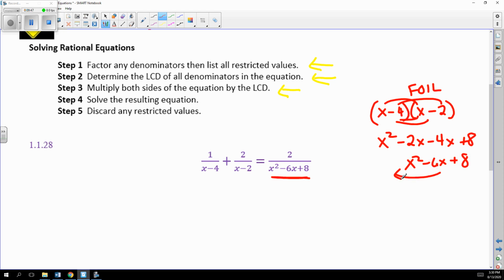So that is the LCD. So we're going to multiply through by the LCD, but the factors of that denominator are x minus 4 times x minus 2.